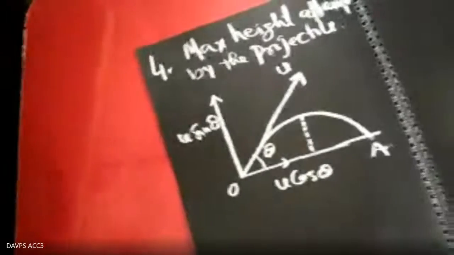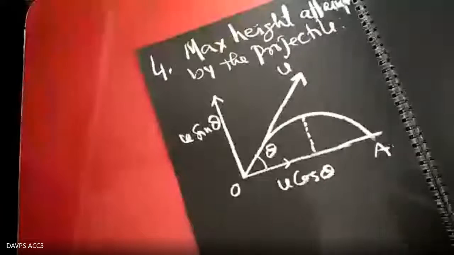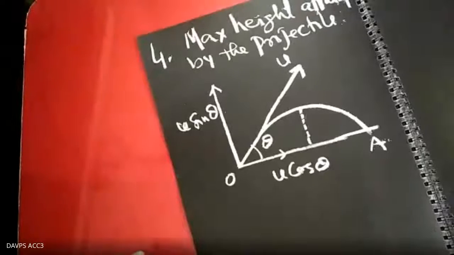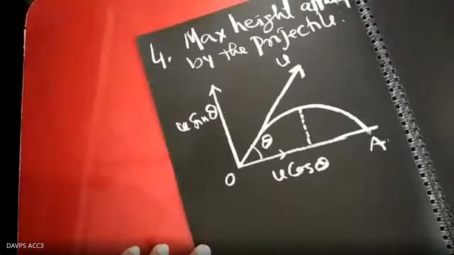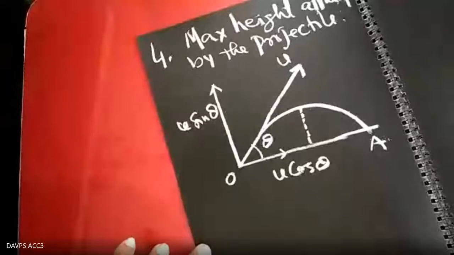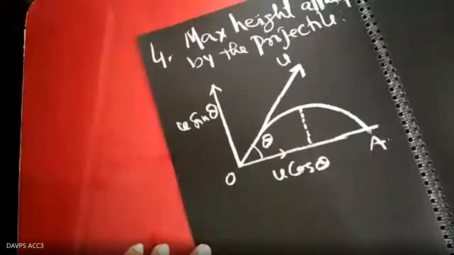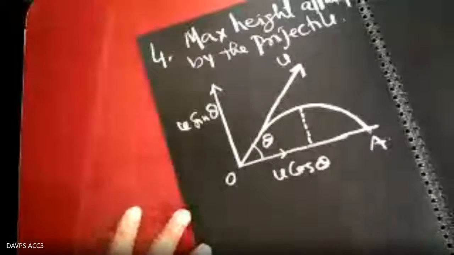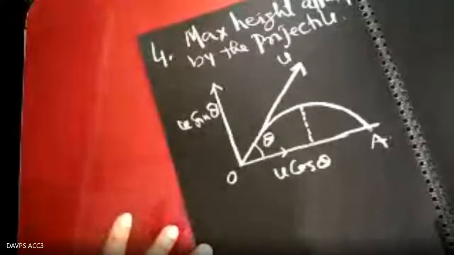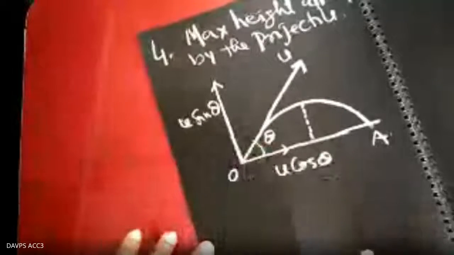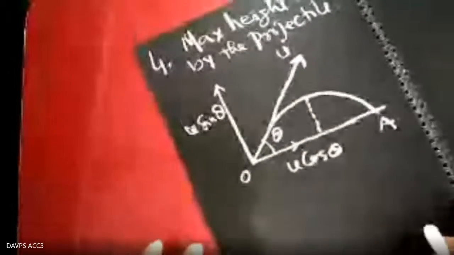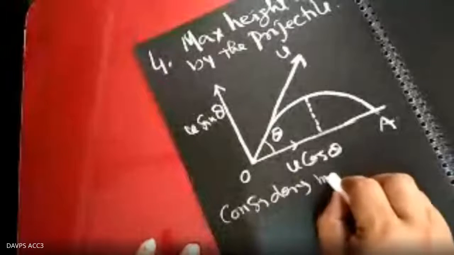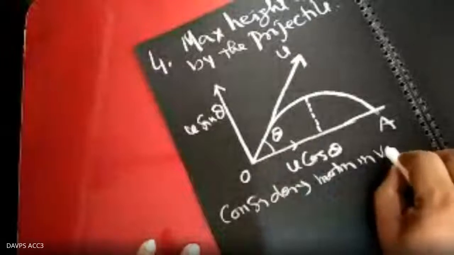It looks complicated, no doubt, but you should be confirmed that the maximum height attained by the projectile is only due to the u sin theta component, because the u sin theta component takes the projectile up in the vertical direction, and the duty of u cos theta is to take the projectile along the horizontal direction. So the u sin theta component is the initial velocity, considering the motion in the vertical direction only.